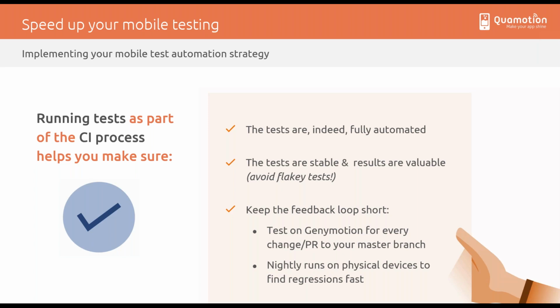So we recommend that adopting a retry failed test implementation is also really important. And this can be easily done with fully automated tests within a CI process. So your tests will benefit from this automation and your results will be more valuable. So as said in previous slides, we need to keep the feedback loop short by adopting a hybrid strategy.